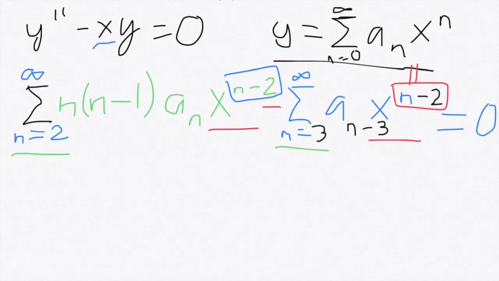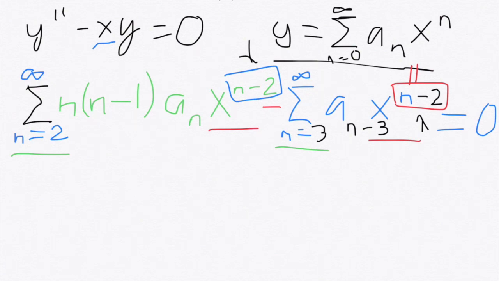And notice now we have these two matching. So we did the first of two things we need to combine series: we got our exponent of x to match. Now we need to match the lower indices. In this case, it's really easy. If we just take out the first term and then write the series from 3 to infinity, the two series will match. So what is the first term?